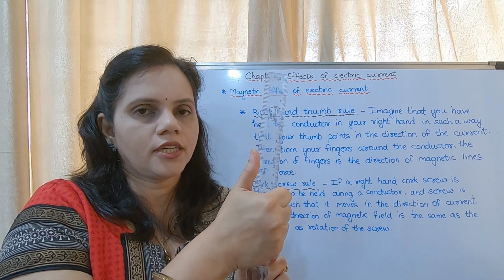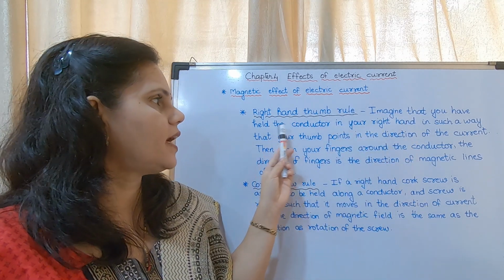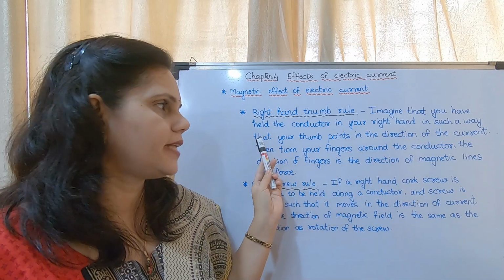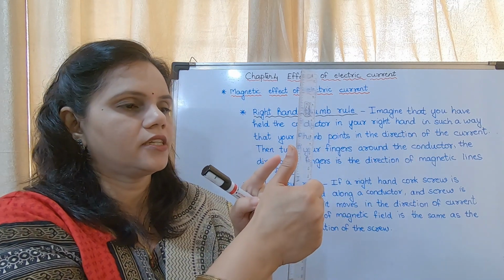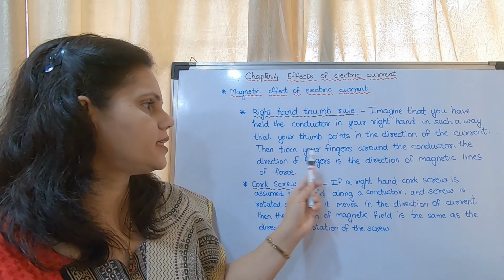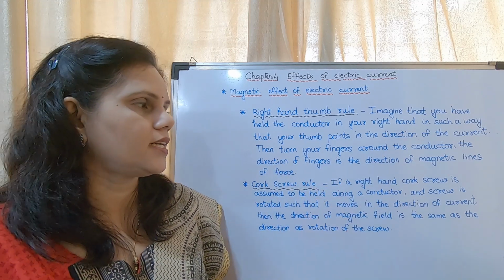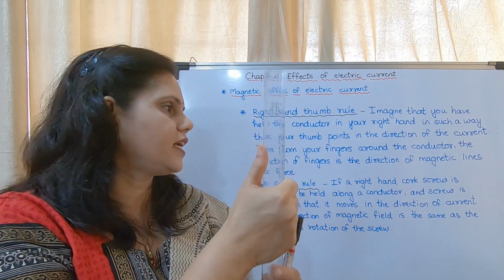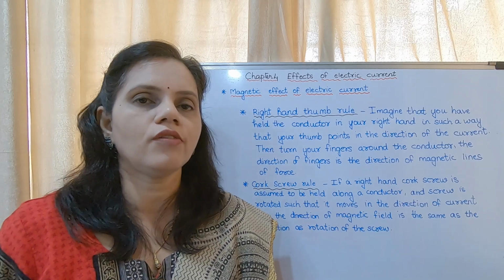Have you understood? Now we may see what has been written. Imagine that you have held the conductor in your right hand in such a way that your thumb points in the direction of current. Then turn your fingers around the conductor. The direction of fingers is the direction of magnetic lines of force.